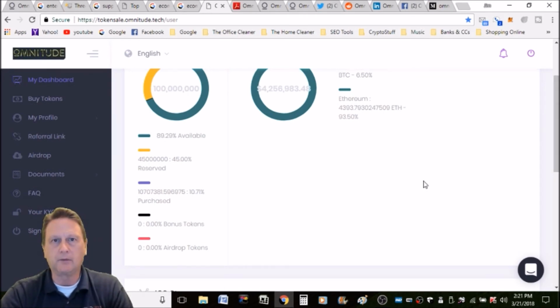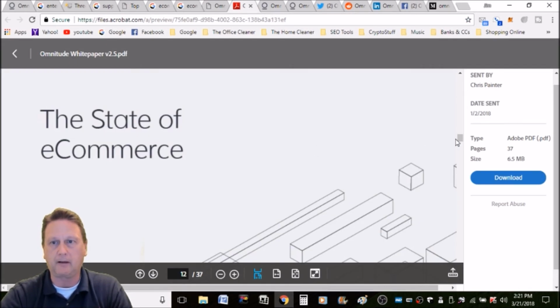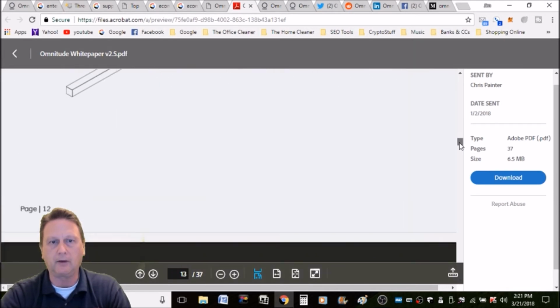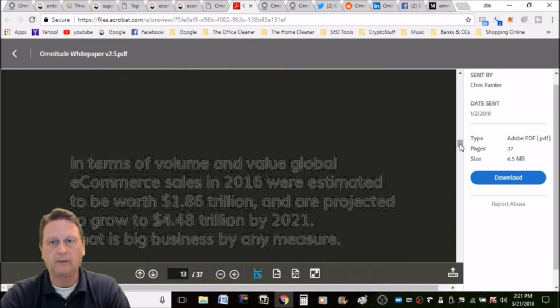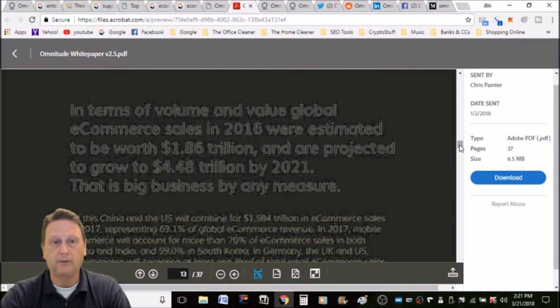Okay, and I wanted to just take a few minutes and go through some of the white paper. I'm not going to go through every little detail, but I did want to point out a few things. If you read through it, you'll see that the online e-commerce industry is huge, and it's grown a lot in the past 5 or 10 years, and it will continue to do so.